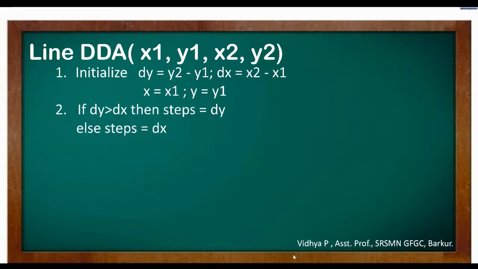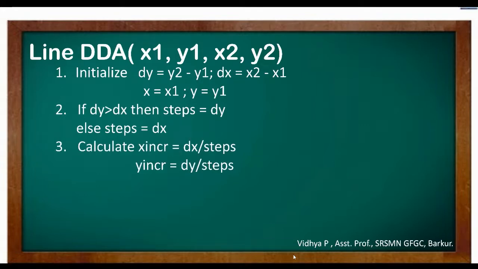If dy is greater than dx, then steps is equal to dy, else steps is equal to dx. It means that we try to find where we have more points, either in the x direction or the y direction, and we proceed in that direction.